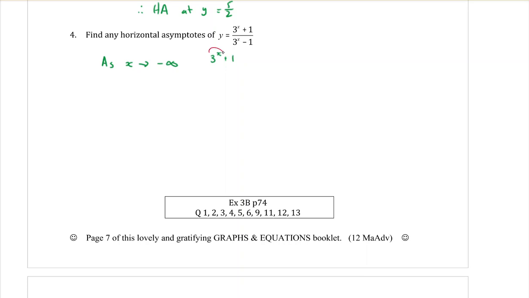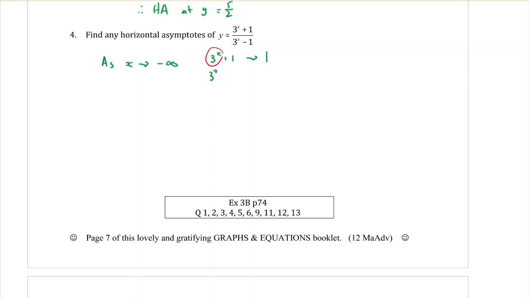So this part here, if x is a really big negative number in that power, that whole first term is going to be 0, and so that would be approaching 1.